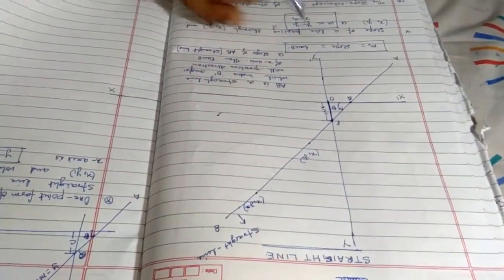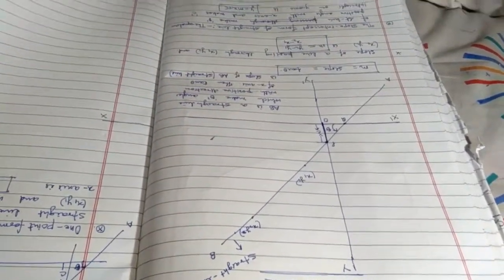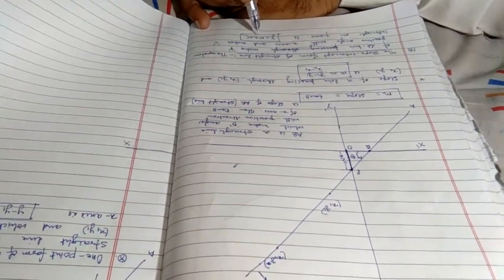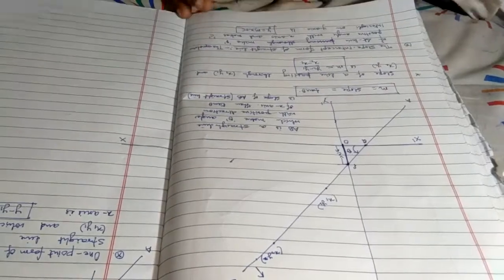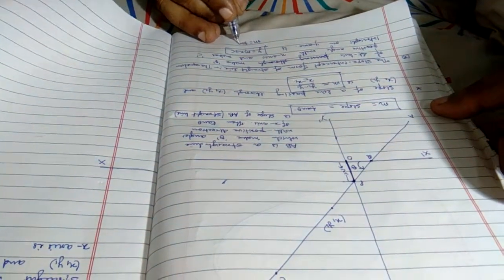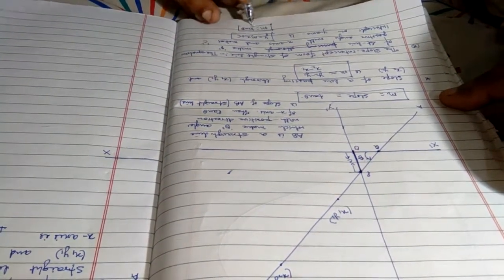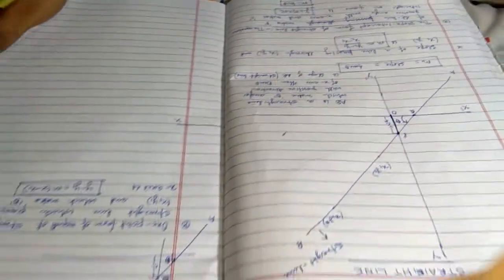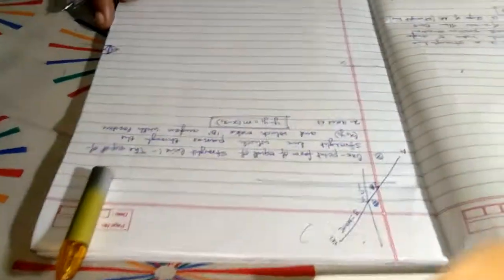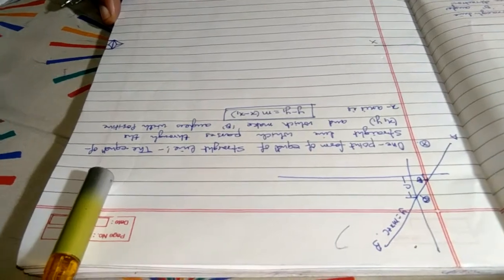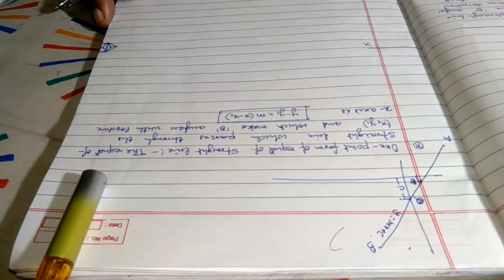So under such type of condition, y is equal to mx plus C, where m, the coefficient of x, is equal to tan theta, where theta is the positive angle, the angle made by the straight line in the anti-clockwise direction.